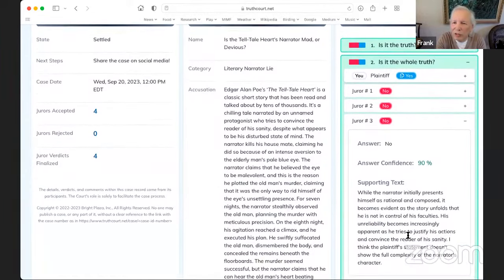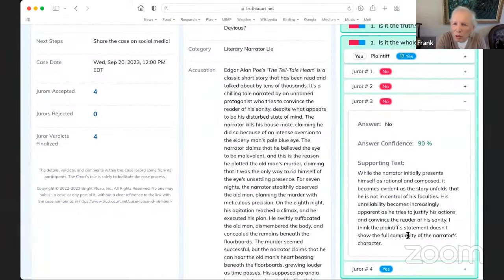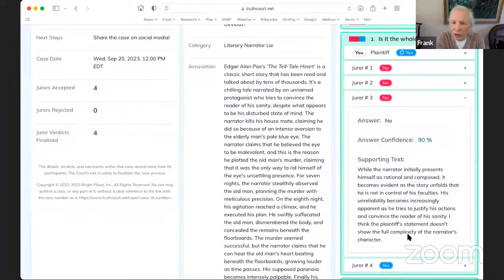Juror number 3 says no. Answer confidence 90%. While the narrator initially presents himself as rational and composed, it becomes evident as the story unfolds that he is not in control of his faculties. His unreliability becomes increasingly apparent as he tries to justify his actions and convince the reader of his sanity. I think the plaintiff's statement doesn't show the full complexity of the narrator's character.